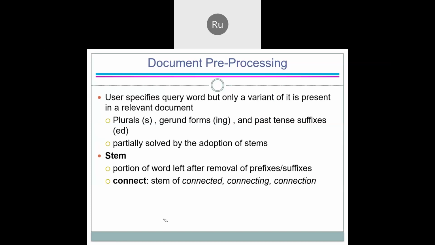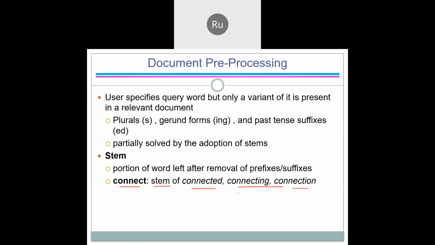This time also we can reduce the number of terms by finding the root. So for example, connect here is the root word of connected, connecting, connection.